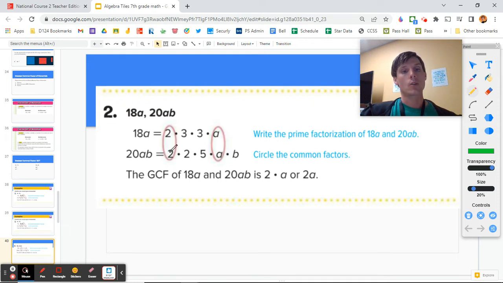So for 20, we have 2 times 2 times 5. 2 times 2 is 4. 4 times 5 is 20. That works out. And then we have an a and we have a b. All right. So we've factored these out using prime factorization. We see our common factors here are 2 and a. So what is the greatest common factor, or GCF, of 18a and 20ab? 2 times a, or in other words, 2a.